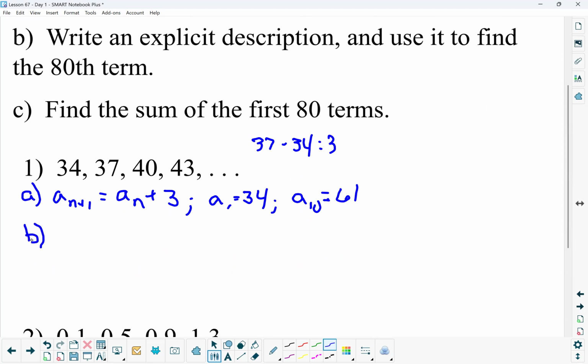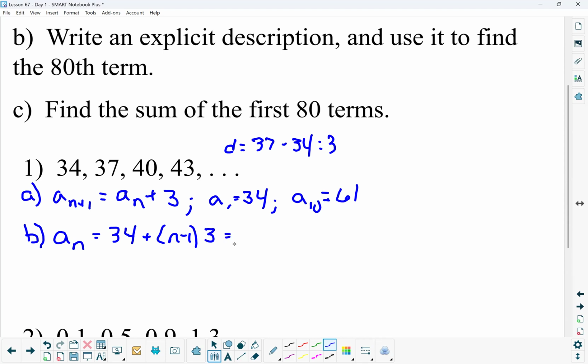Part B, the explicit description. I can find any term a sub n by taking my first term, 34, plus n minus 1 times my common difference, d, which we calculated above to be 3.